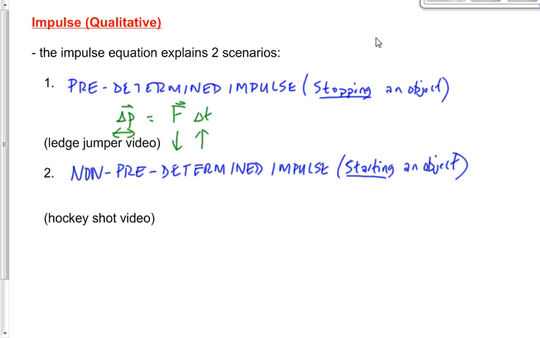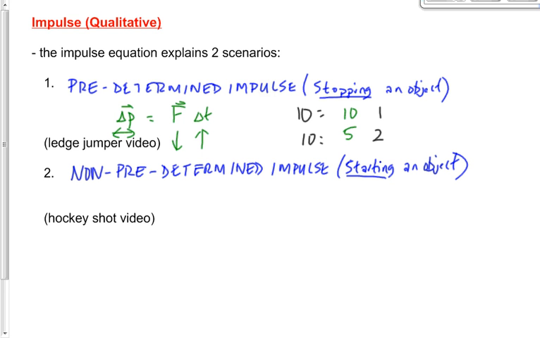Just a couple quick little numbers. Say the impulse is 10, time is 1. The force must be 10. If the impulse is 10, and it is, it's got to be the same because it's predetermined. But I double the stopping time to 2, what happens to the force? 5.